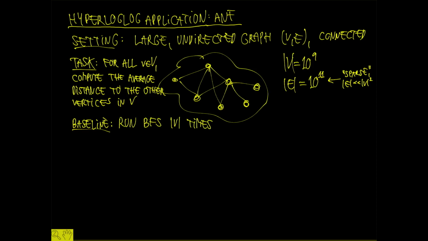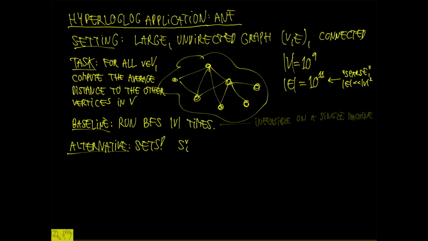A baseline algorithm, what you could do after your first algorithms course, is to run breadth first search from each vertex, so that's size of V times. But for such a large graph, this is just infeasible, definitely on a single machine, and even with parallelism it's challenging. An alternative is to look at sets. Let's define S_i(v) as the set of vertices at distance at most i from vertex v.